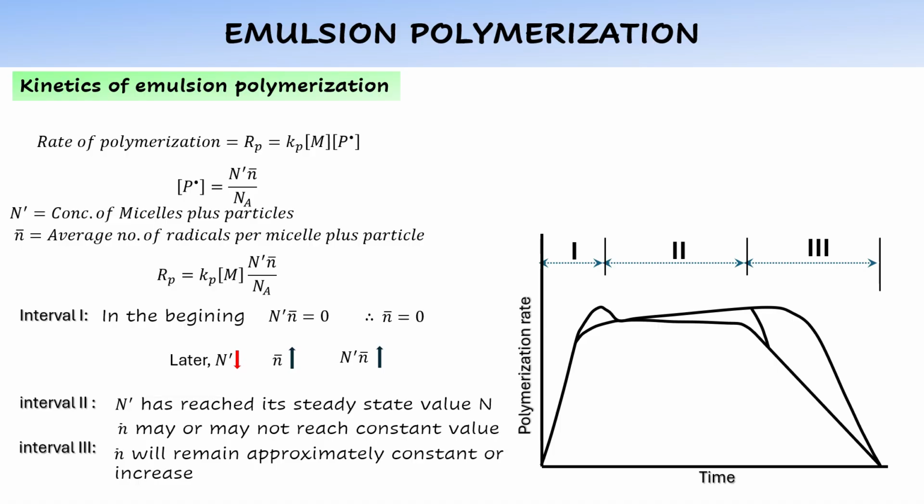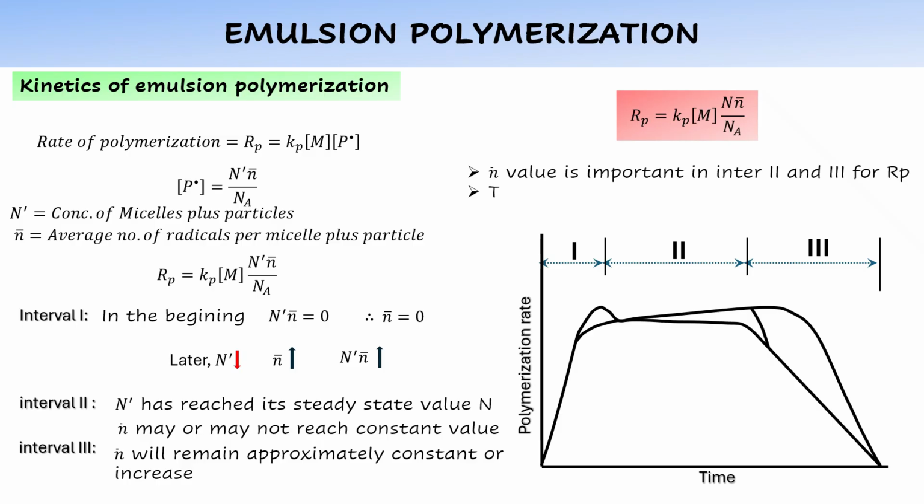Finally, in interval 3, N bar remains roughly constant, but the monomer concentration inside the particle drops, causing the rate to fall. The behavior of N bar during intervals 2 and 3 leads to the famous three cases of Smith-Ewart kinetics, which ultimately dictate the final reaction rate.